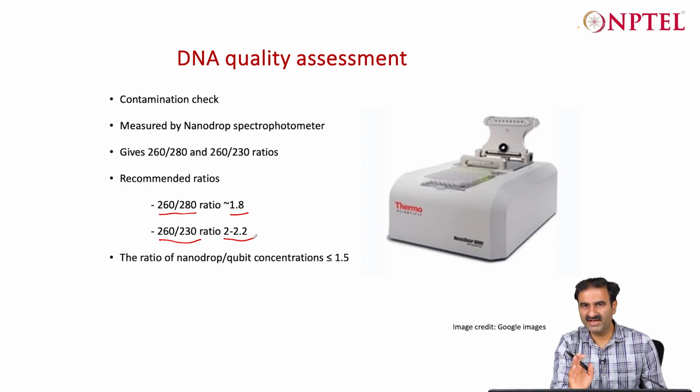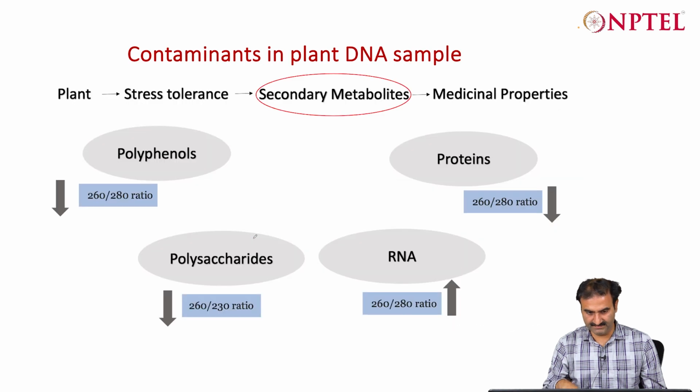A slight variation in this is okay, but if it varies too much, you will definitely see some errors, some impurities, or some issues with the later sequencing. So the 260/280 and 260/230 ratios are very important to assess the quality of the DNA, and the impurities because of RNA and protein.